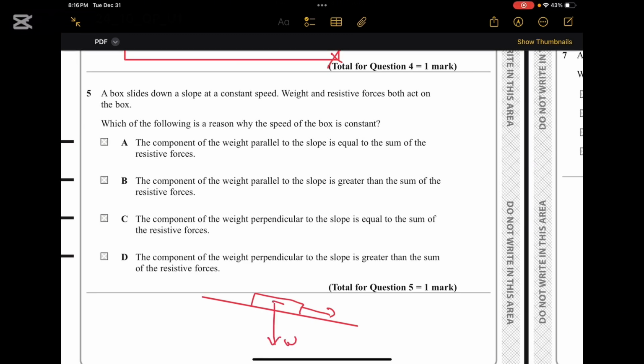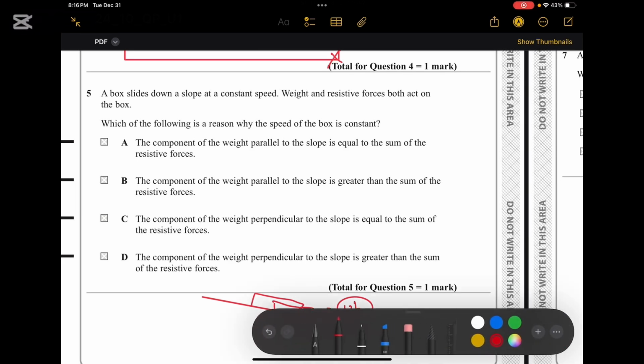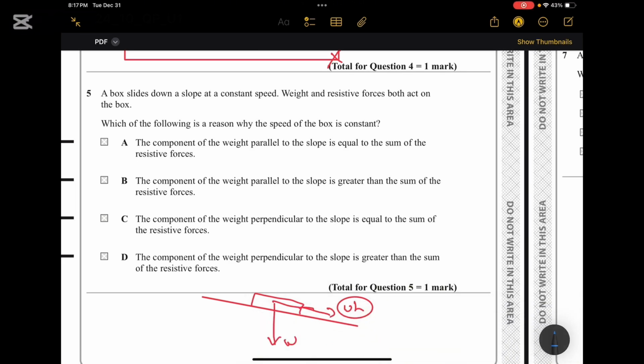This is the component of the weight along the slope. This component of the weight must balance out this resistive force. This is the friction, or this resistive force. This friction must be equal to the component of the weight for this box to slide down with a constant speed.